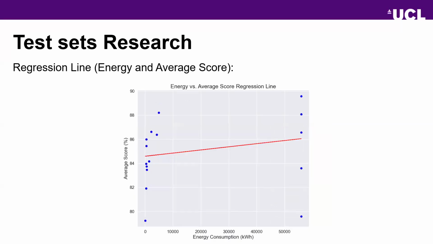Similarly, I performed a linear regression analysis of the model's energy consumption and the composite score to obtain the linear regression line shown on the graph. As with the development side, this straight line illustrates that the better the model, the higher the amount of energy it needs to consume.